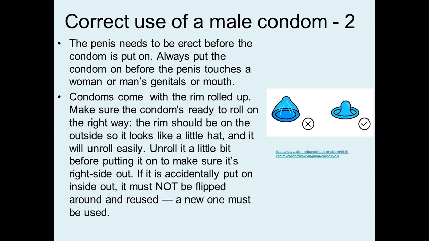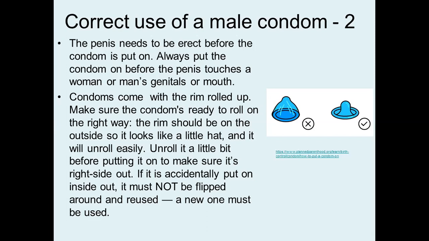So the rim should be on the outside so that it looks like a little hat and that it will unroll easily. Unroll it a little bit before putting it on to make sure it's the right side out. Because if it is accidentally put on inside out, it mustn't be flipped around and reused. A new one must be used.